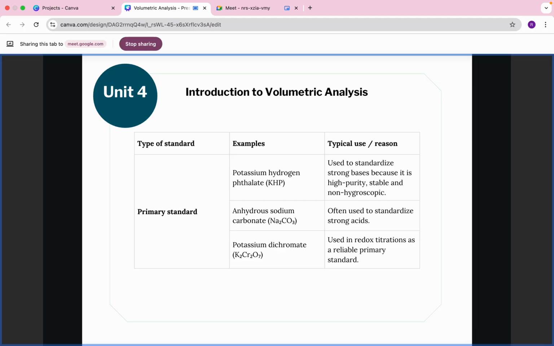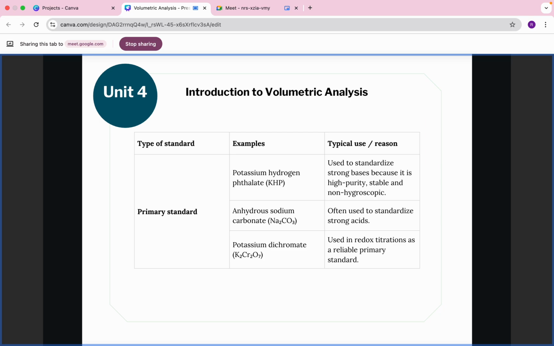Using them is very important for ensuring accuracy because they provide a stable and highly pure reference substance with a known concentration, which allows for accurate calibration of our standard solutions, the titrants that we will be using for the actual titration method.